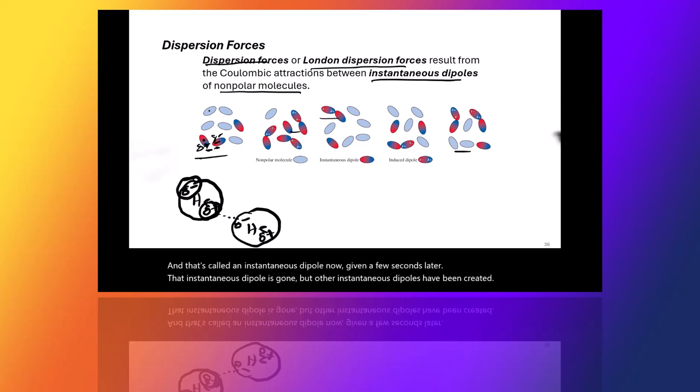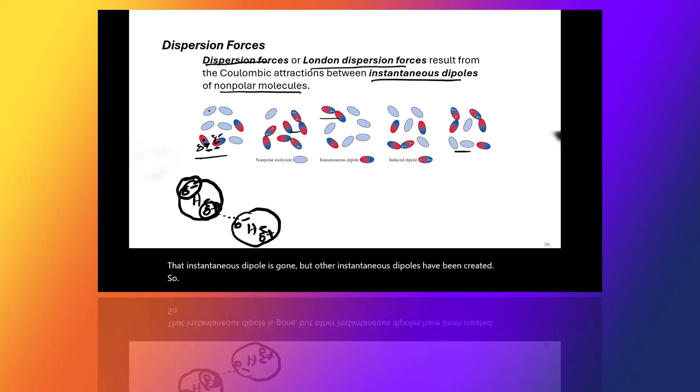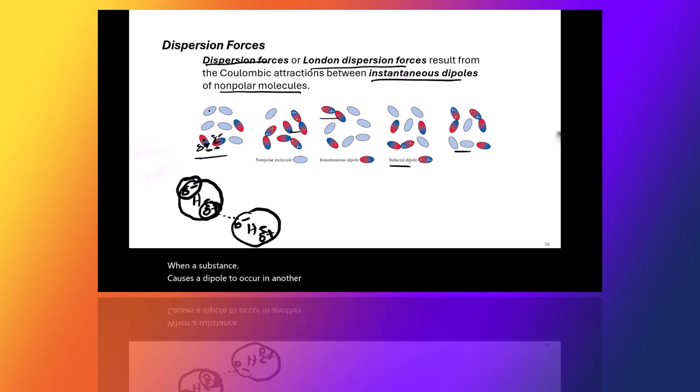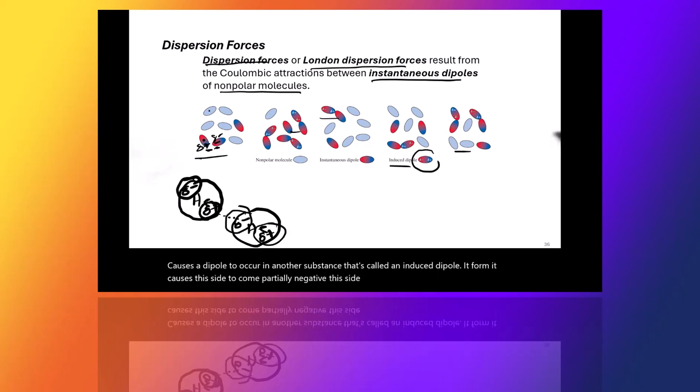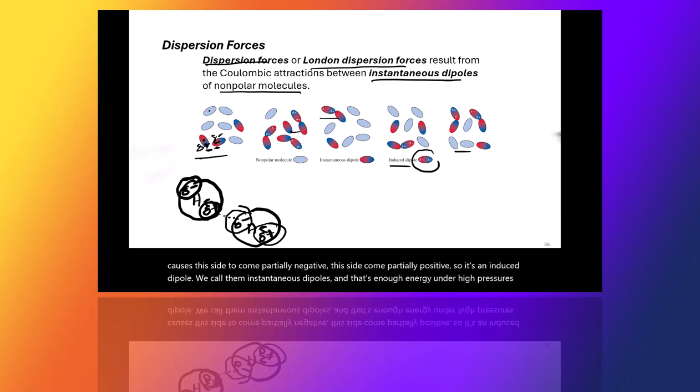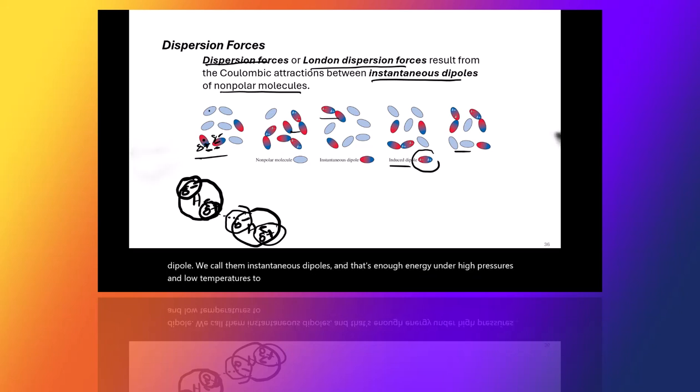So when a substance causes a dipole to occur in another substance, that's called an induced dipole. It causes this side to become partially negative and this side to become partially positive. So it's an induced dipole. We call them instantaneous dipoles. And that's enough energy under high pressures and low temperatures to get the helium atoms to stick together enough to become a liquid.